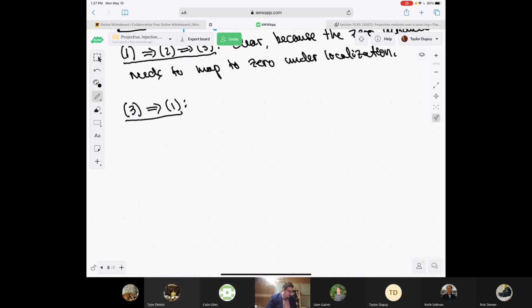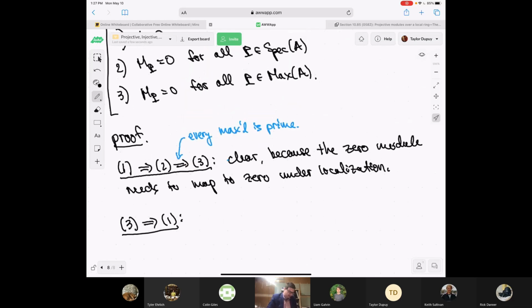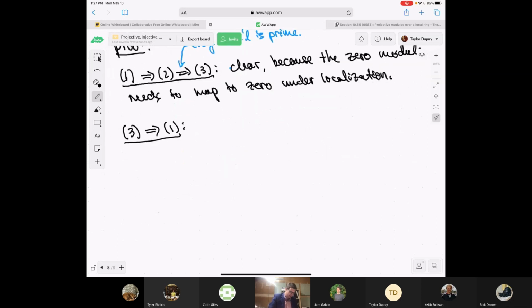All right. So what we're going to do is suppose that the localization is 0 at every maximal ideal. So suppose M_P is equal to 0 for all P a maximal ideal. And then we're going to suppose, for the sake of contradiction, that M is not equal to 0.